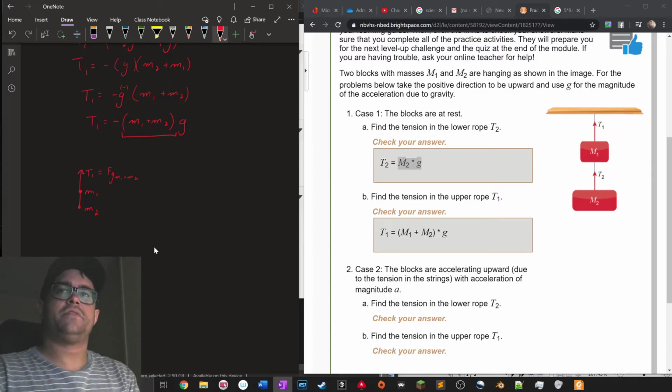Right? Because this is Fg1 and this is Fg2. And if you sum them together, you get T1. Right? So it's basically saying T1 is minus Fg1 minus Fg2. Literally summing them up together.